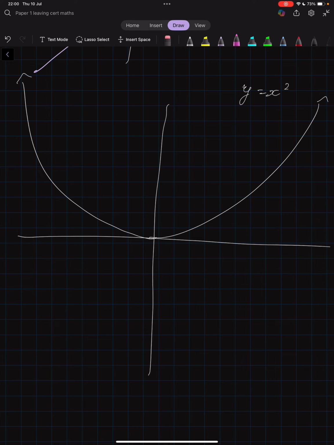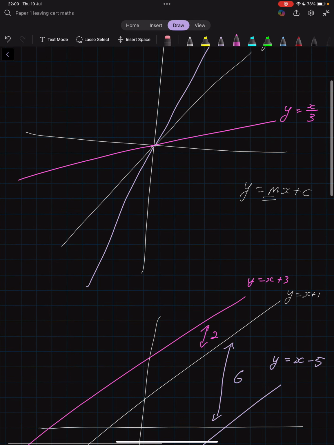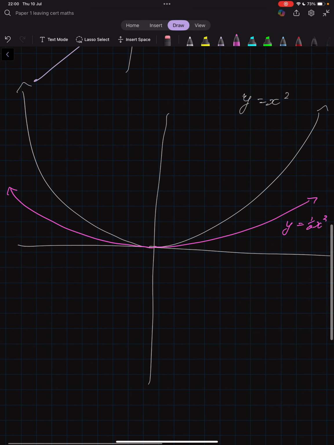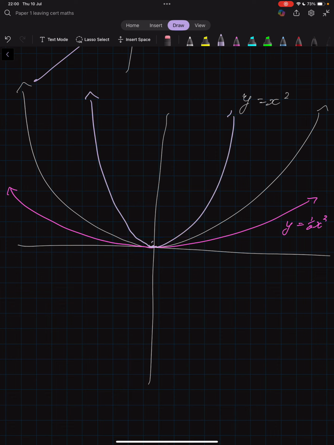Now, if I do, say, y equals a half x squared, again the slope of the graph has become less, so it's less steep and therefore it kind of bottoms out, if that makes sense. And then the opposite effect is observed if you multiply it by 3. It just gets much, much steeper. Okay, so not too bad.